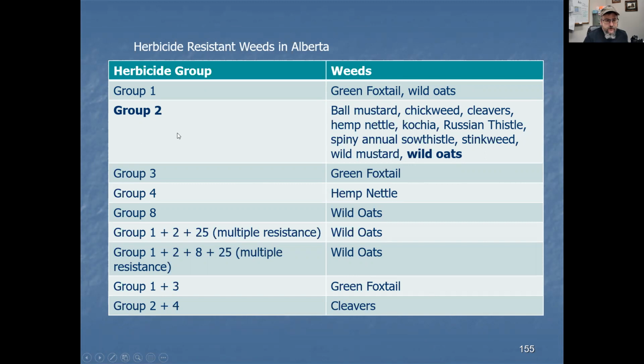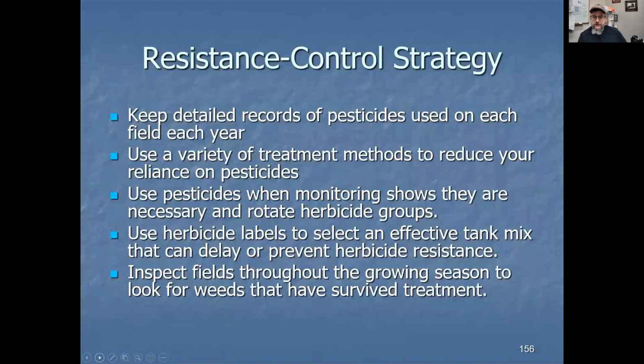Group 2 and wild oats. There's a particular question in your test that's going to ask you, which I forget how the question's worded, but be aware that wild oats in group 2 is a possible answer.